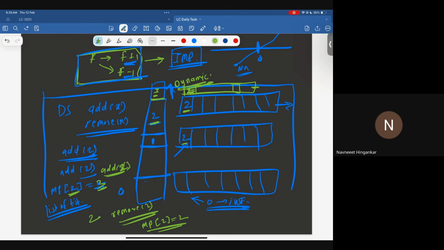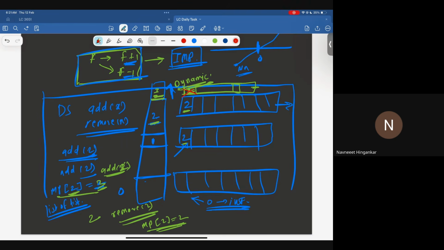Because my last element was 2, I will try to verify whether the count that I am assuming is correct or not. Here the count is basically 3 because the frequency is 3, but I know that the map of 2 has become 2. So obviously this element is not valid, and I will delete this element.